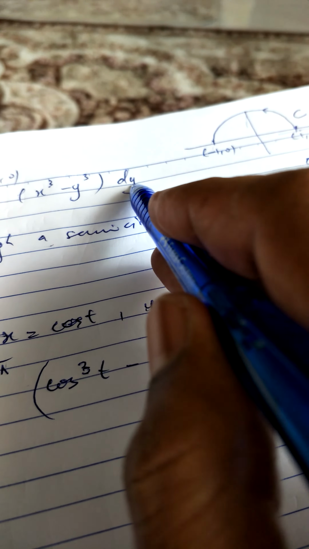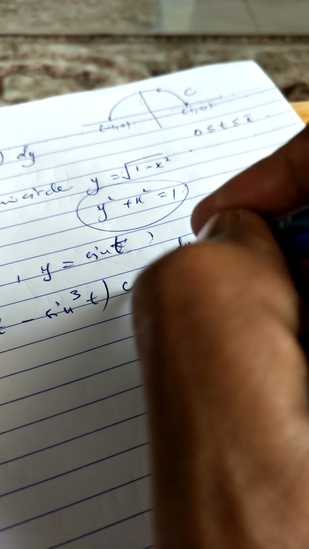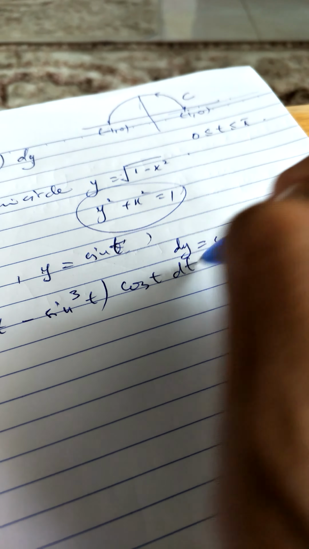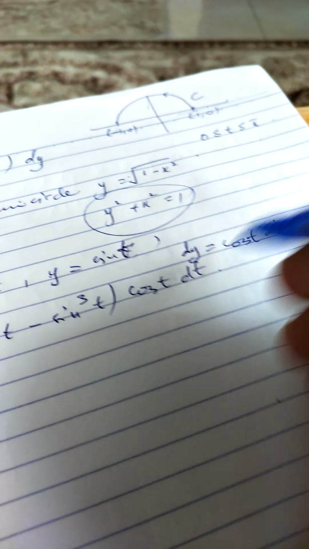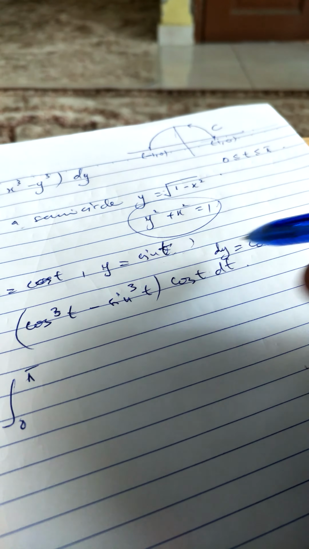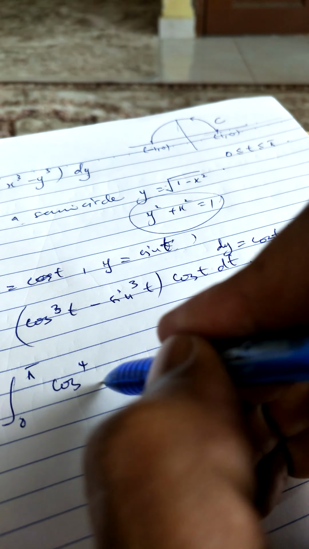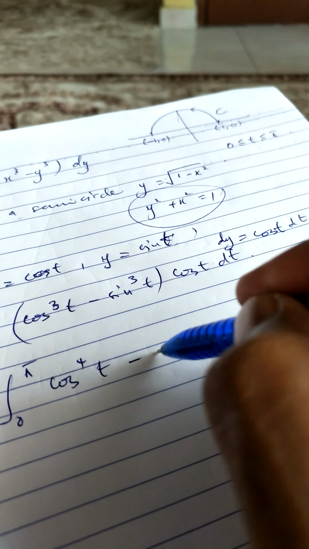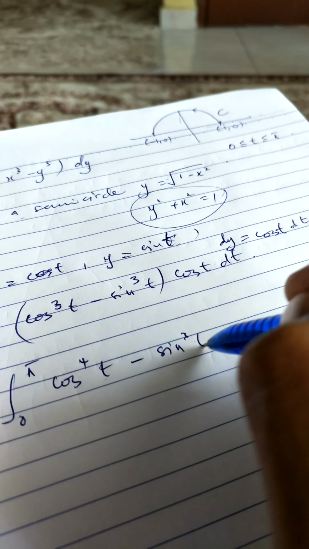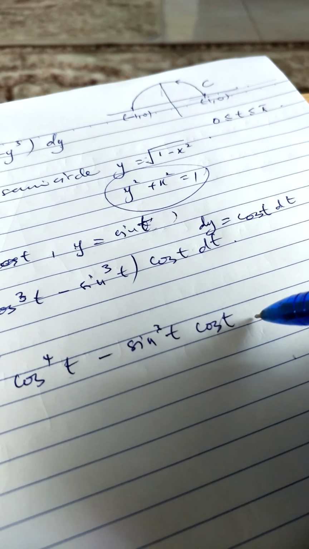So substitute into that, and we have cos t dt. I think you can evaluate this. Probably the best thing is to go from 0 to pi, so we have the cos term, and here you get sin cubed t cos t dt.